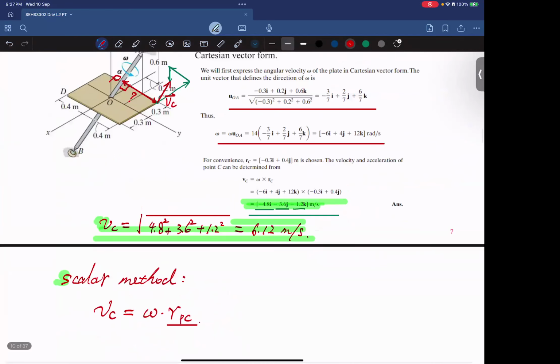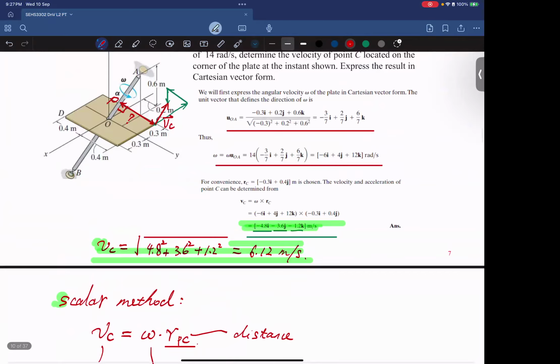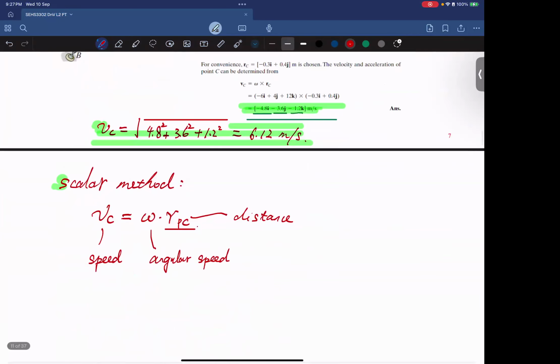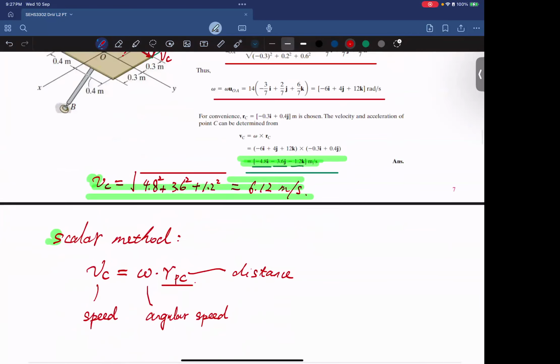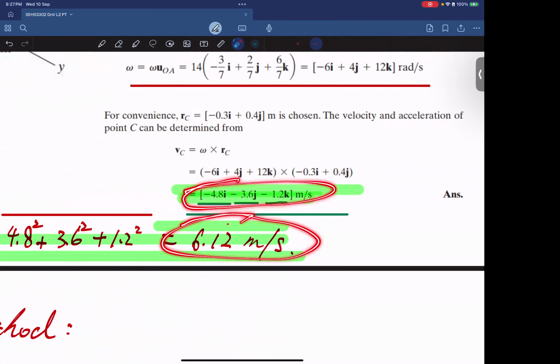In scalar method, we know the speed, or the velocity, equals the angular speed times the distance, right? Angular velocity without direction is angular speed, times the distance from the center P to the point C. So now we can interpret VC from this result, right?